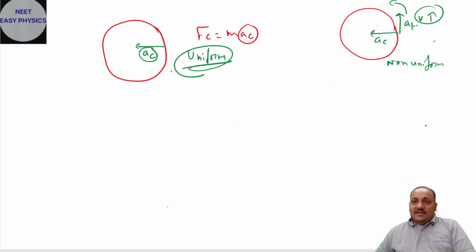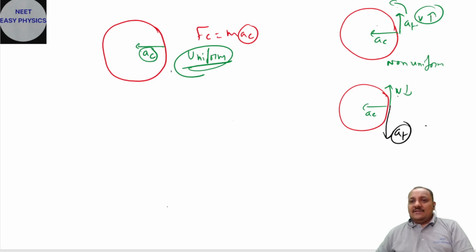Next, if velocity decreases, what is the direction of tangential acceleration? Centripetal acceleration is always towards the center. If velocity decreases, then tangential acceleration will be opposite to velocity. Whether increasing or decreasing, the angle between tangential and centripetal acceleration will be 90 degrees.